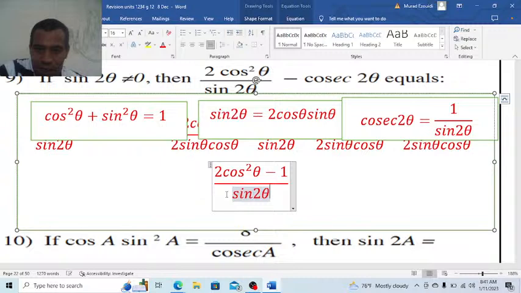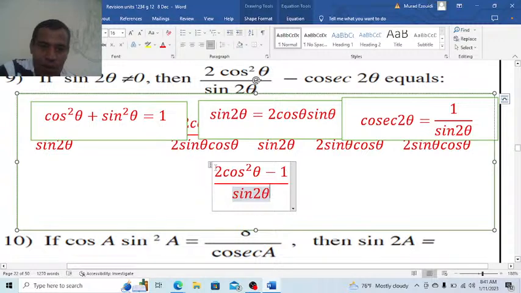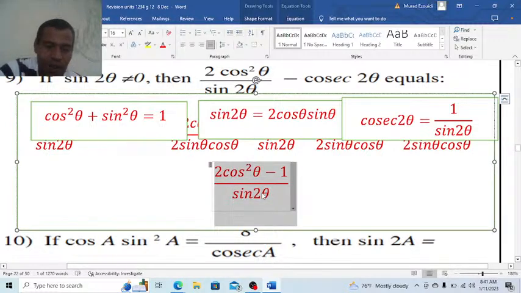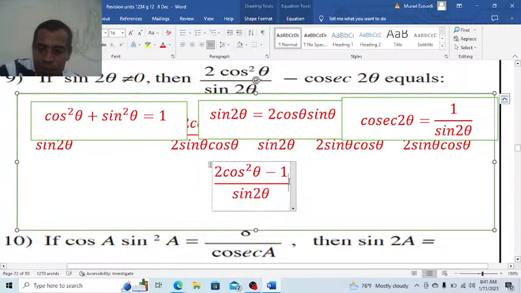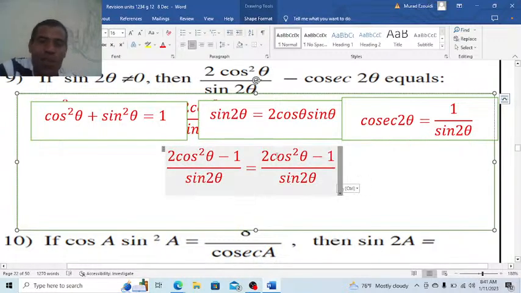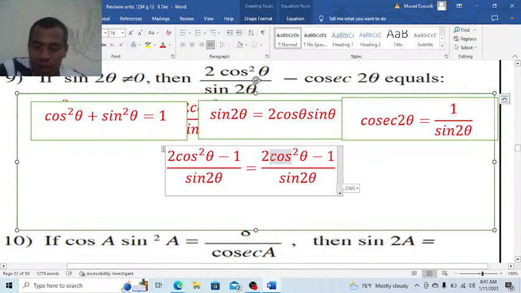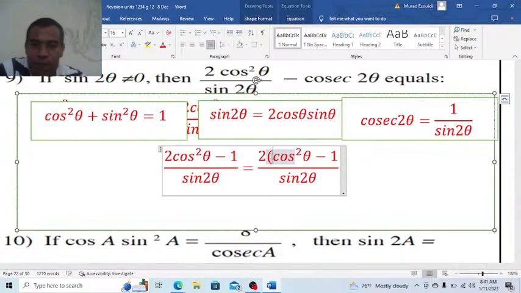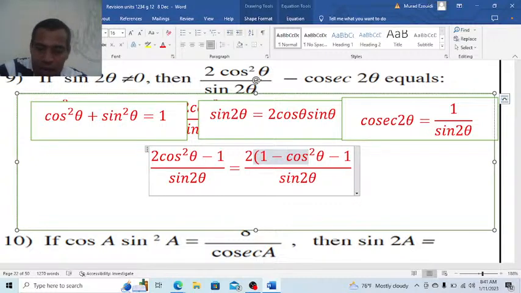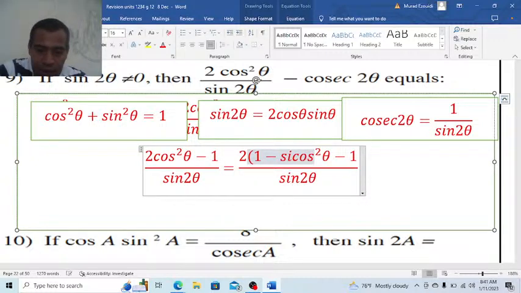But learners, did you remember something? Did you remember that 2 cosine square of theta minus 1 is equal to, let me replace cosine square by, between parentheses, 1 minus sine square of theta.